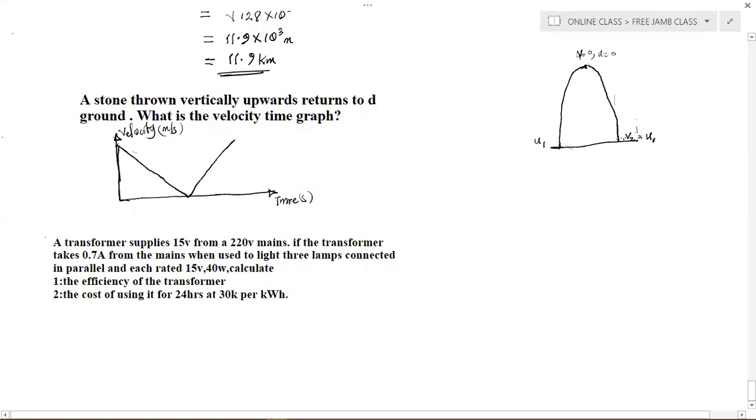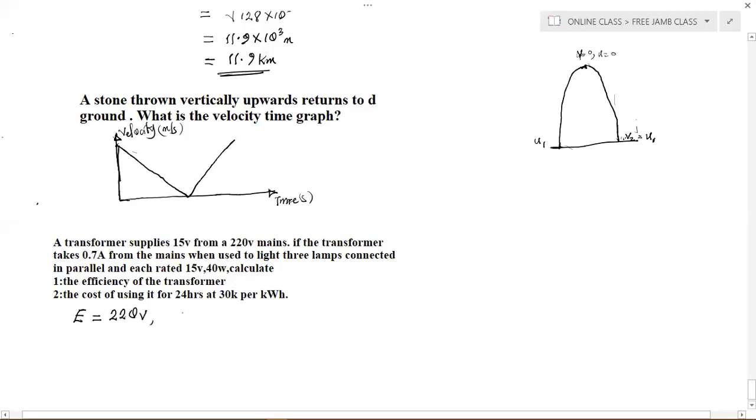Ordinarily, the total EMF that we have from that place is E. E here equals, that's the total, 220 volts.